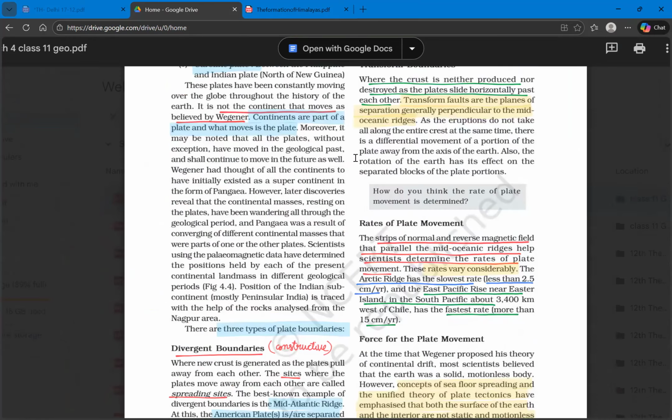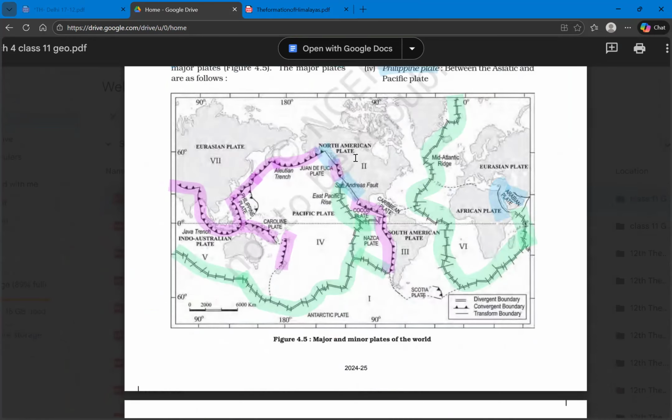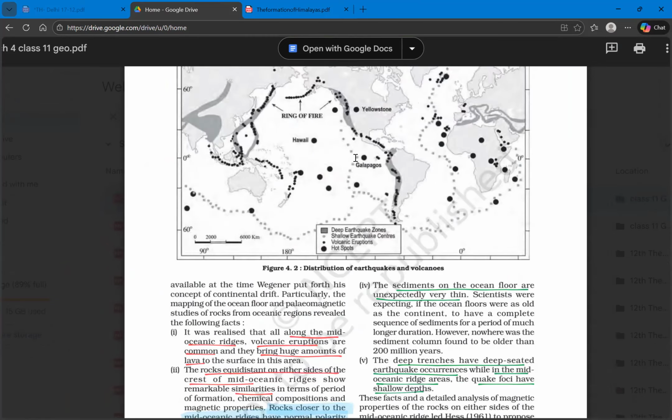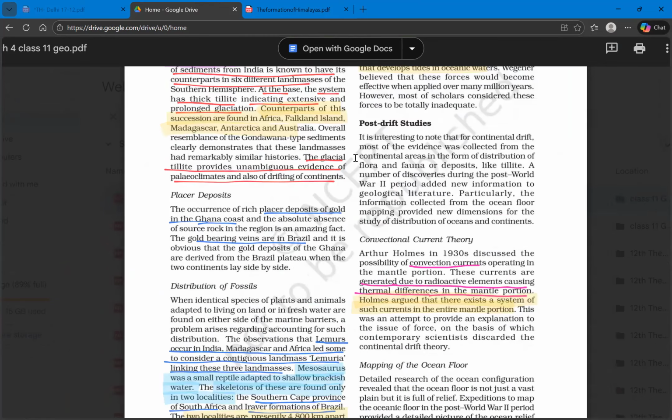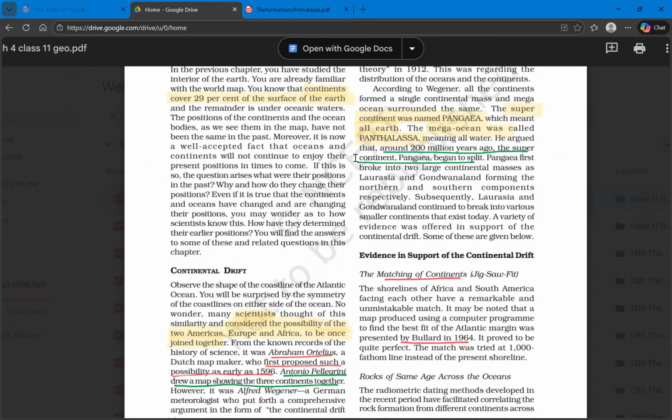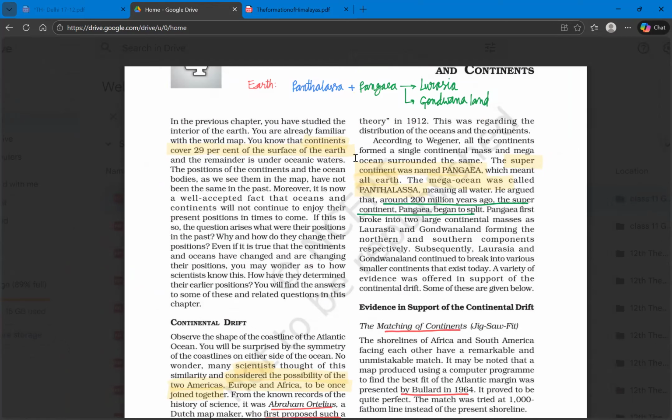Let's have a quick glance at the chapter and the topics we discussed. Starting, we learned the continental drift theory, which was given by Alfred Wegener in 1912. It says that around 200 million years ago, there was a single continental mass called Pangaea, surrounded by a large ocean called Panthalassa.